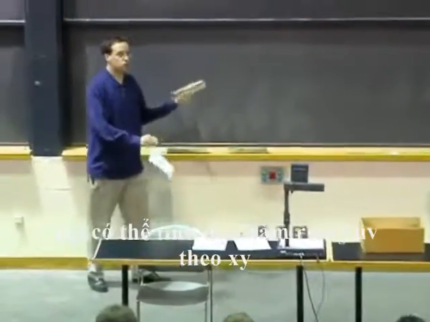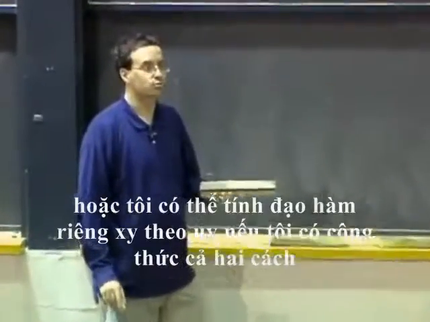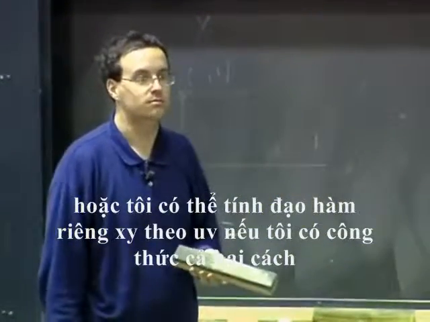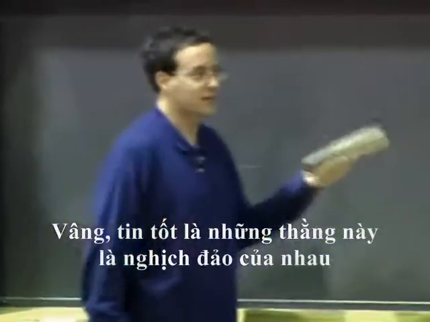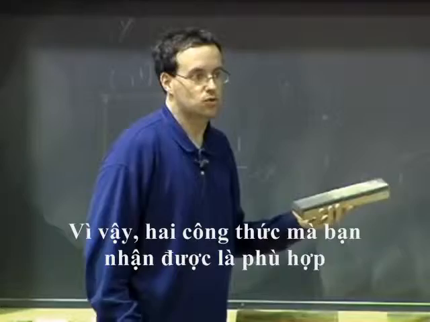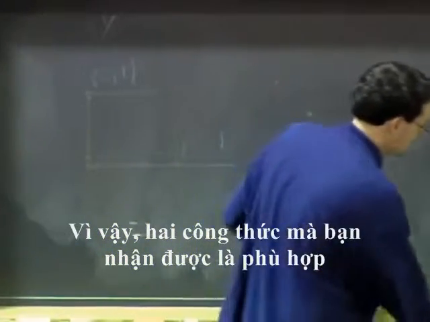I can compute partial uv over partial xy, or partial xy over partial uv, if I have the formulas both ways. Well, the good news is these guys are the inverse of each other, so the two formulas that you might get are consistent.